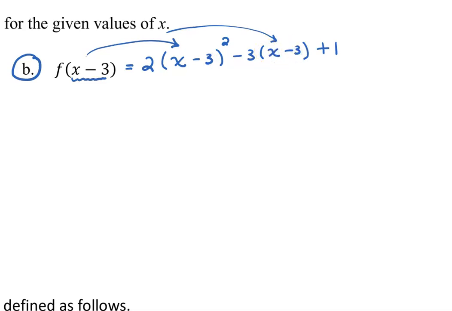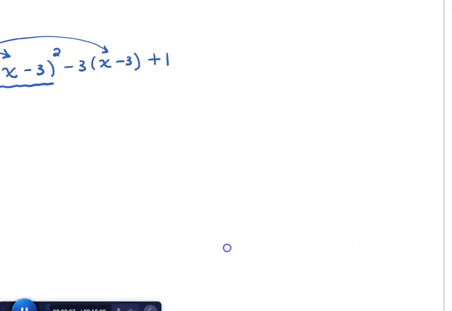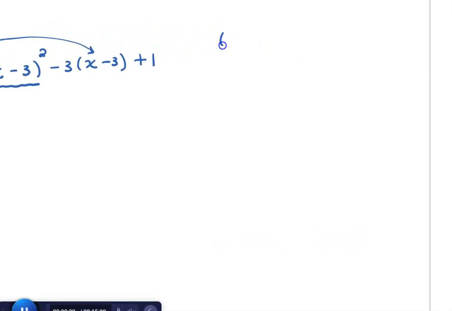All right, we're really getting into some algebra here. So the first thing we want to do is take care of our exponent. So I'm going to go over to the side for a minute, and I'm going to show you 2 different ways that you can do this. One way is to write it out long ways, x minus 3 times x minus 3, because that's what it means to square.